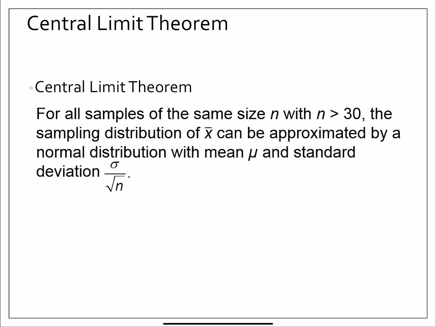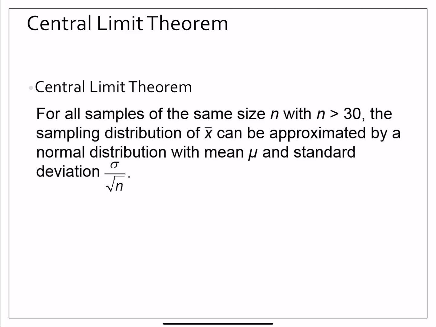So for all samples of sample size n, where n is less than 30, the sampling distribution of the mean x bar can be approximated by a normal distribution with a mean of mu and a standard deviation of sigma over the square root of n.